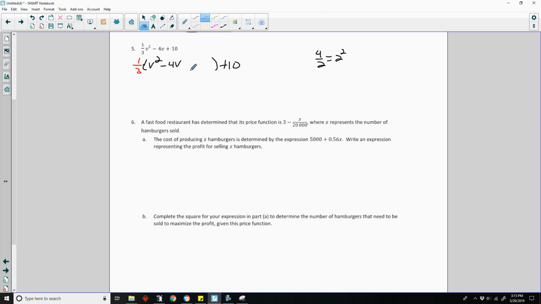So I'm going to write that as plus 2 squared here, minus 1/3 times 2 squared. Okay, now we need to simplify this, so this is going to be 1/3 v, and it's going to be minus our b, which was b divided by 2, I should say, which is v minus 2.